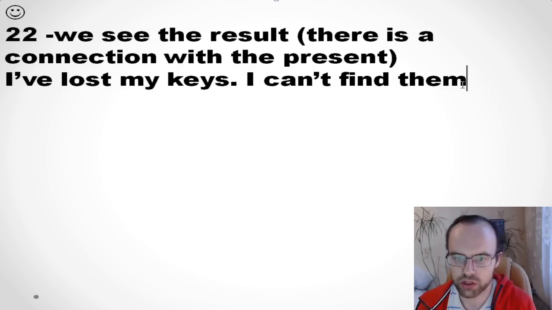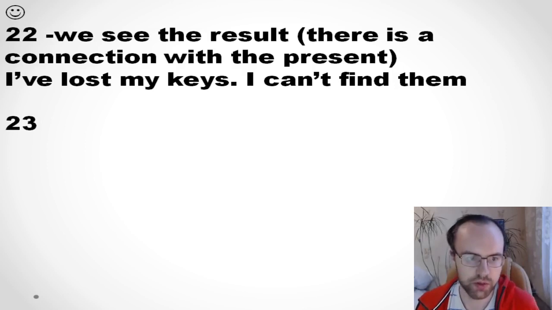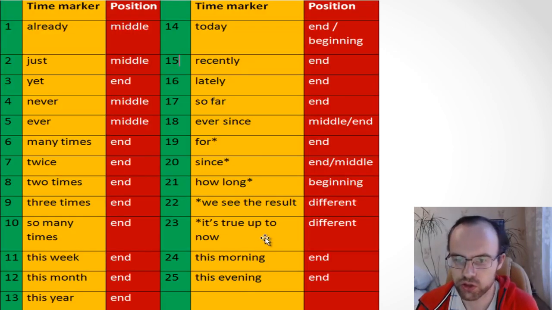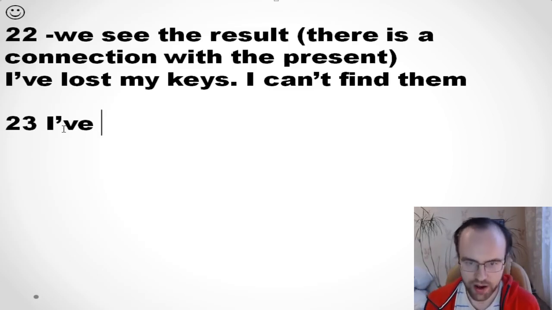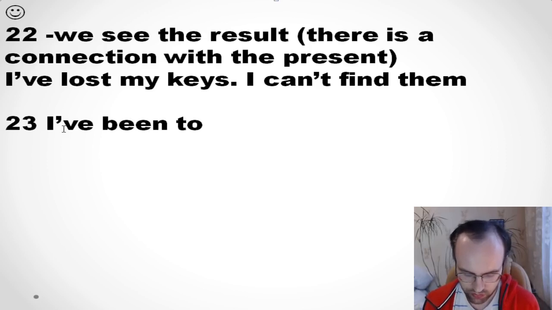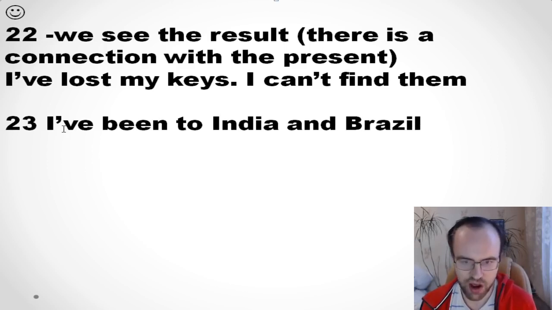Okay, next. So what about 23? It's true up to now. For example, I've been to India and Brazil. What about you? I've been to India and Brazil. So that's true up to now.